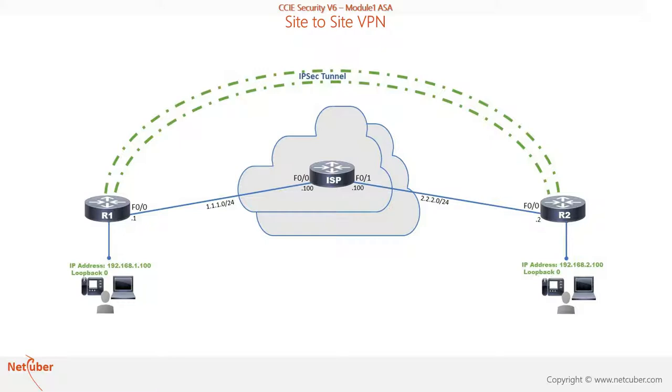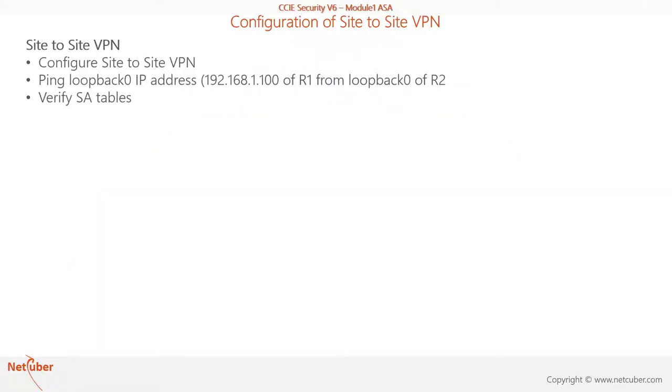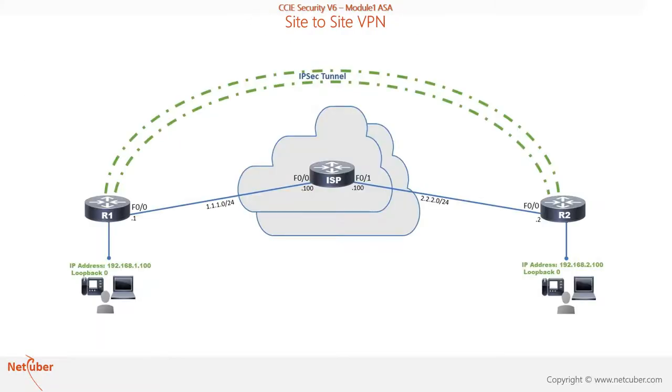We have done static routing from the ISP towards each subnet, and from R1 and R2 there is a default route to the ISP. We aim to configure an IPsec VPN between R1 and R2, and the interested traffic will be R1 and R2's loopback.